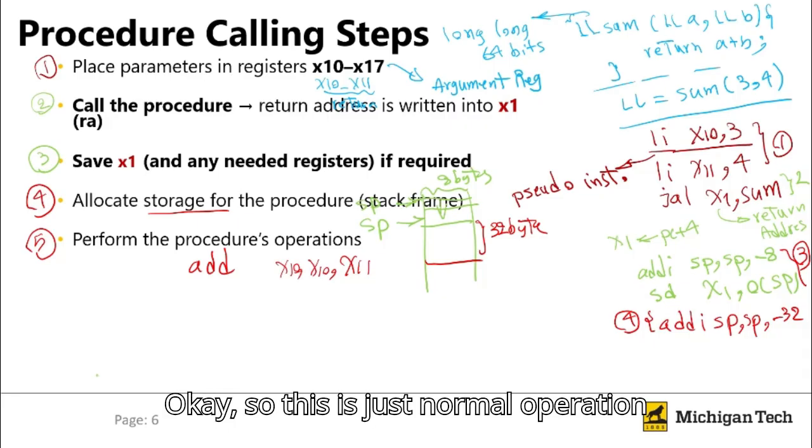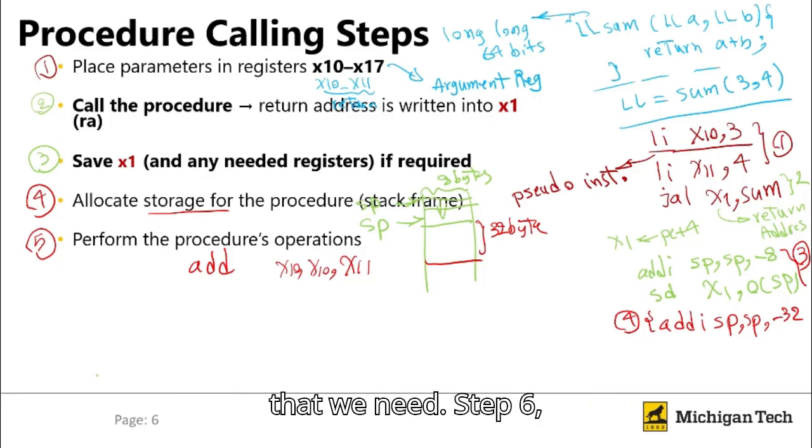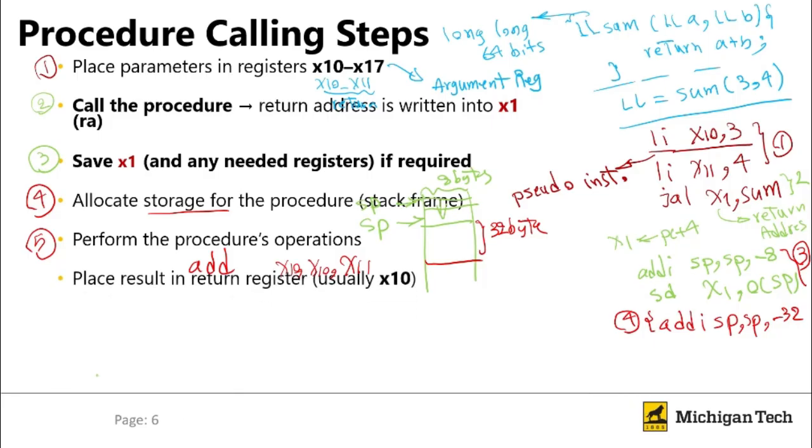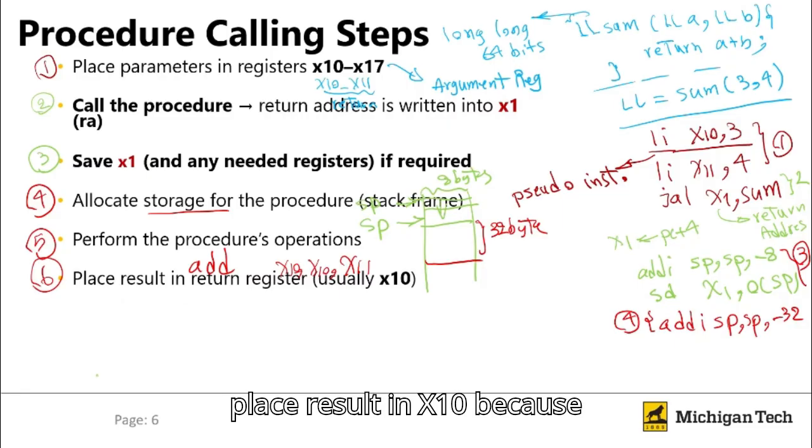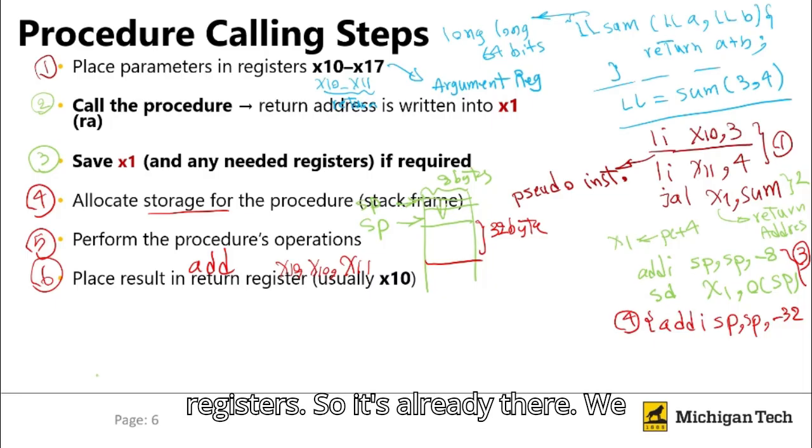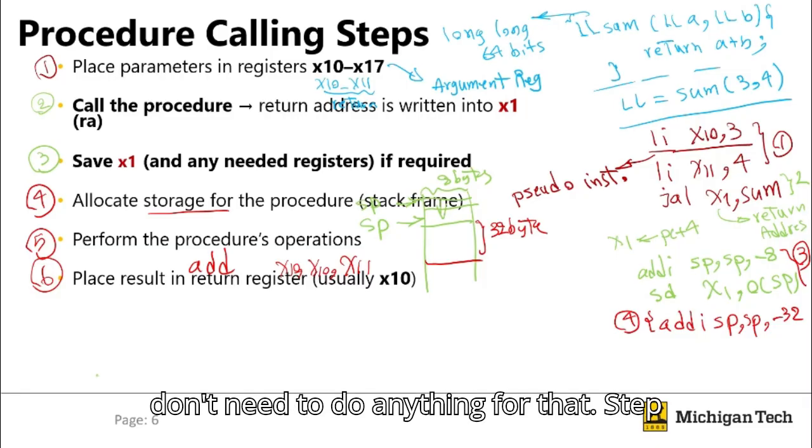Okay, so this is the normal operation that we need. Step 6 is to place the result in x10, because x10 is the return register. So it's already there. We don't need to do anything for that.